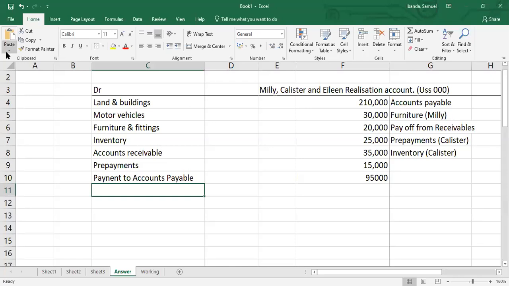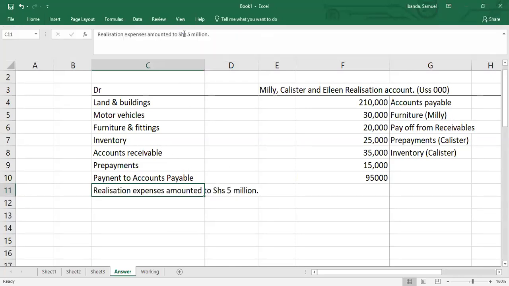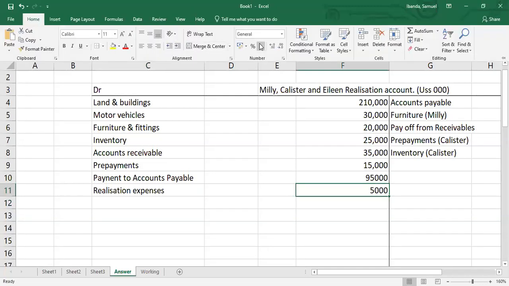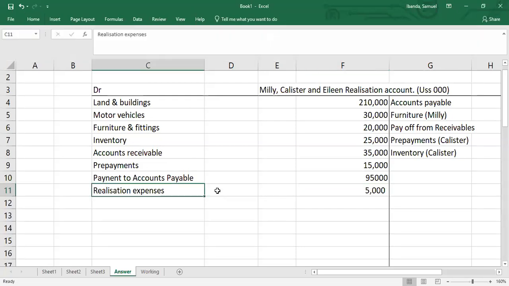So this I'll debit here. I'll call it realization expense, and this realization expense in the same way goes through the bank. So we have to effect it as well.